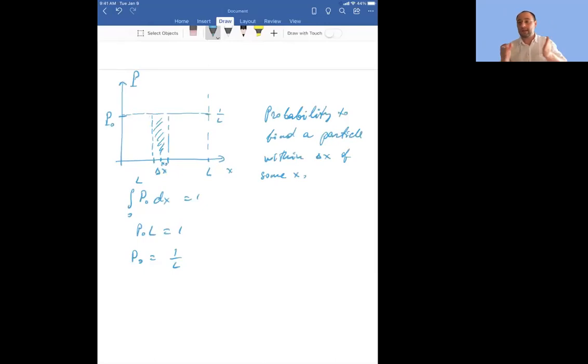And delta x could be set by the resolution of the measuring apparatus, for example. So the probability is given by the probability density times delta x. So that's P naught times delta x, which is delta x over L. So the probability, the chance, the likelihood of finding a particle in this kind of an ensemble over randomized initial conditions, the probability to find a classical particle in this type of scenario would be given by this formula, to find it within delta x.